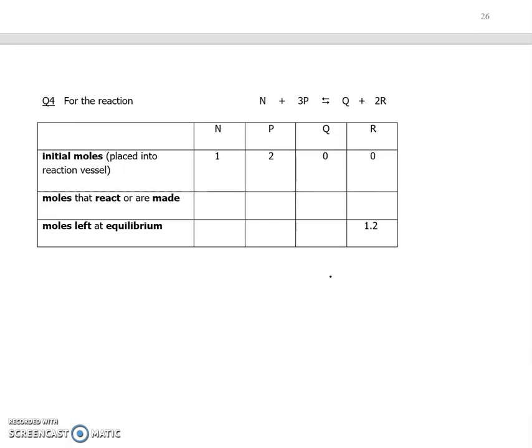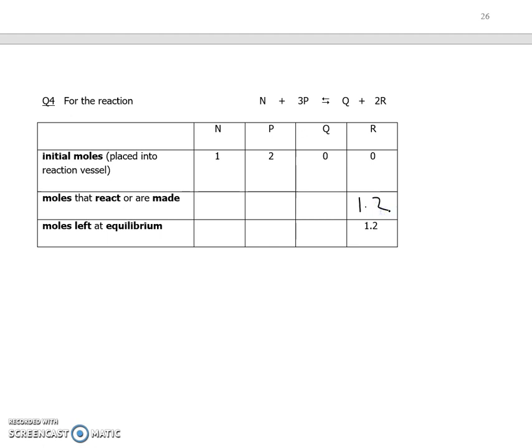So we've been told here that we started off with 1 mole of N, 2 moles of P, and 0 Q, 0 R, but at equilibrium we were left with 1.2 moles of R. So the first thing we can conclude is this, that if we've got 1.2 moles at equilibrium of R, we made 1.2 moles.